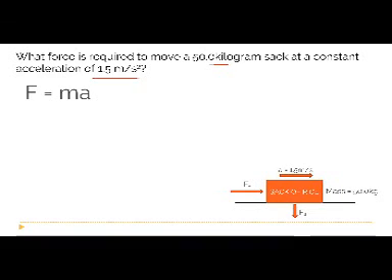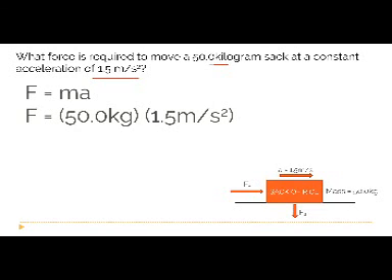Using the equation of the law of acceleration, force is equal to mass times acceleration. The mass is 50.0 kilogram and the acceleration is 1.5 meters per second squared. So substitute: 50.0 times 1.5 is equal to 75 newton.